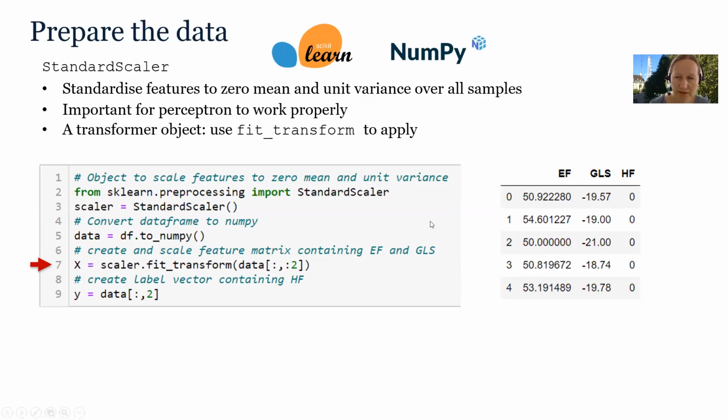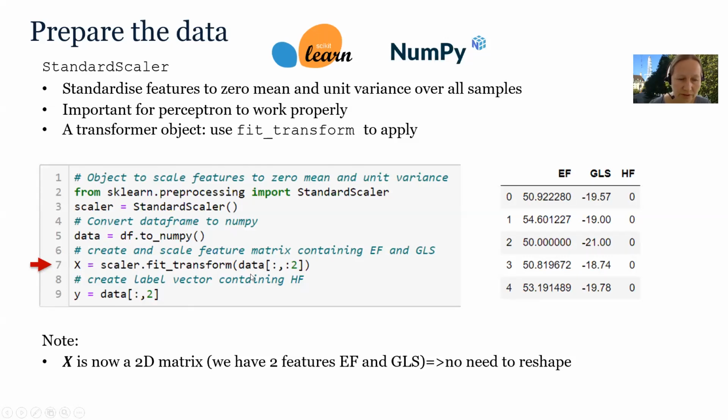Now you can see that we extracted first two columns of this data to create the feature matrix, and the last column, which is the label, to create the label vector. One thing to note that now we have a two-dimensional feature matrix because we have two features, so there is no need to reshape.